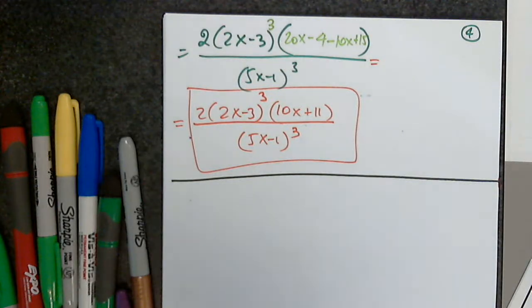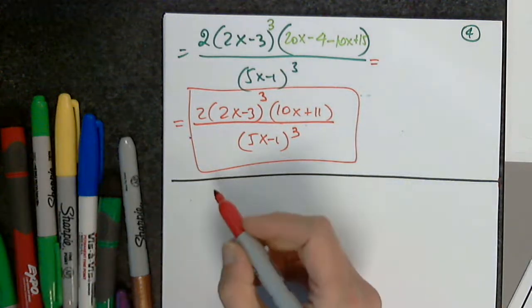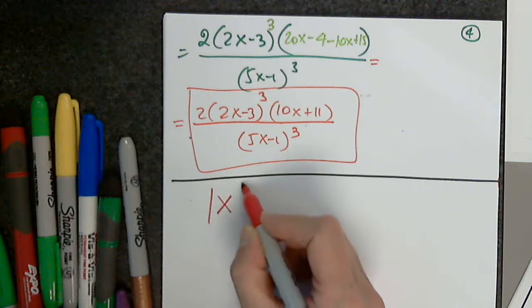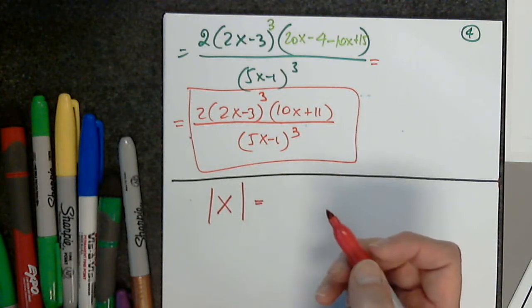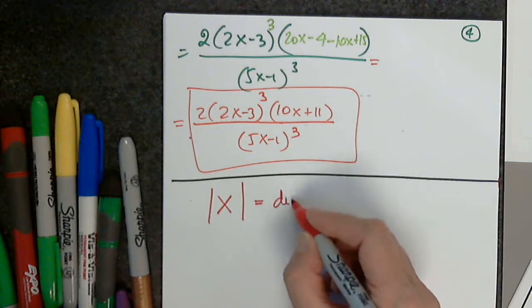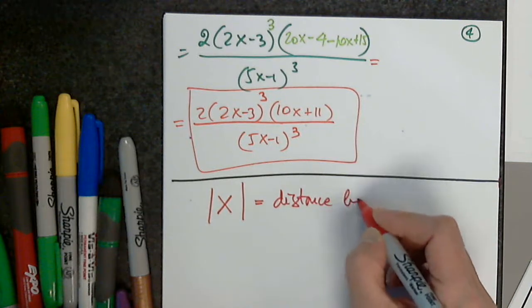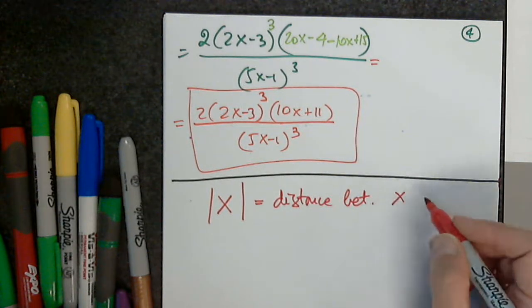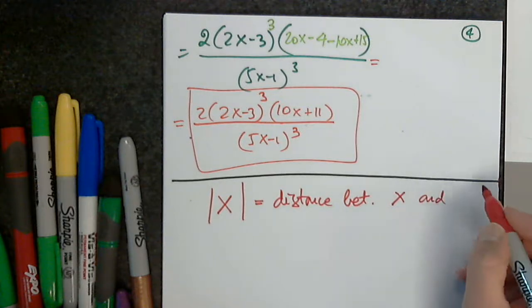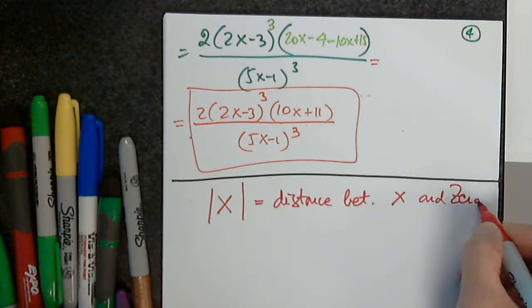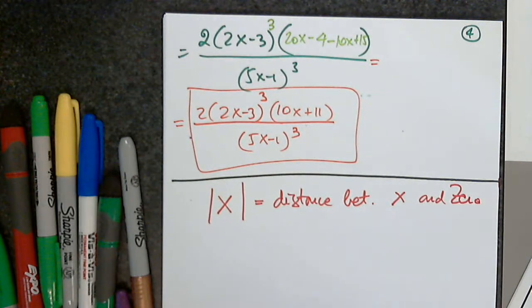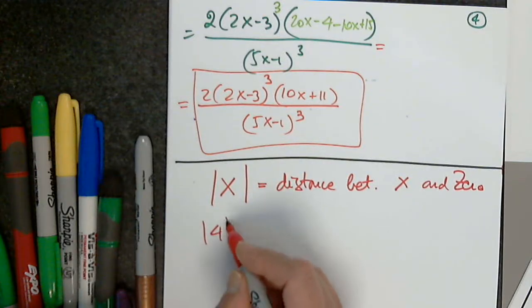Basic definition. Okay. So the absolute value of x. We know that this is the distance between x, whatever it is, and 0. Excellent. So if I'm asked to determine the absolute value of 4, what will I say?